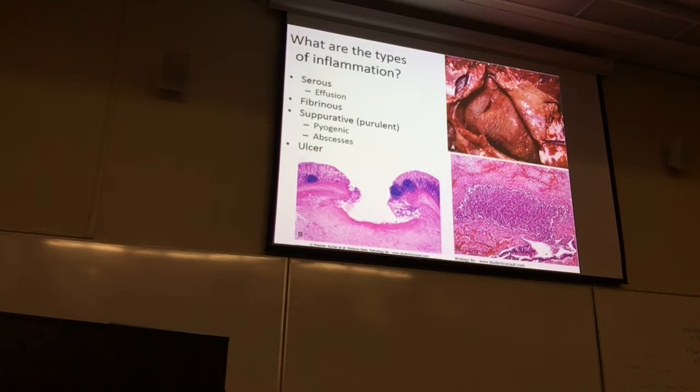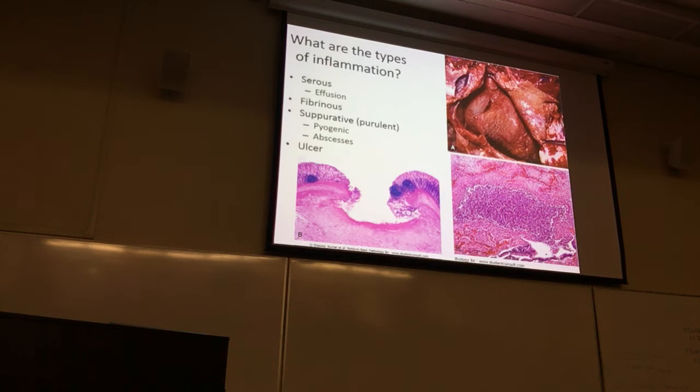So the white pus is made up of neutrophils and necrotic cells and edematous fluid. And the microbe itself will stimulate a lot of pus. Oftentimes, it's a pyogenic situation where you've got the microbe in a pyogenic infection causing the pus, giving rise to this purulent discharge.